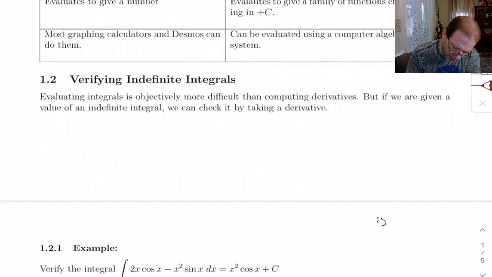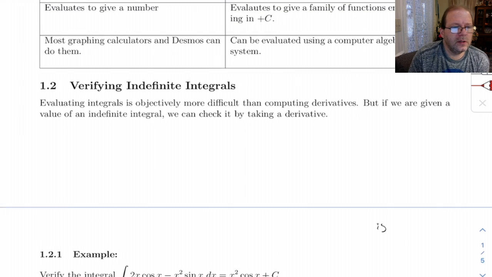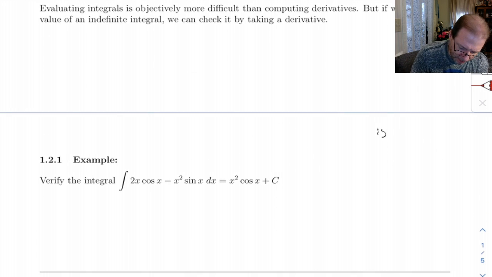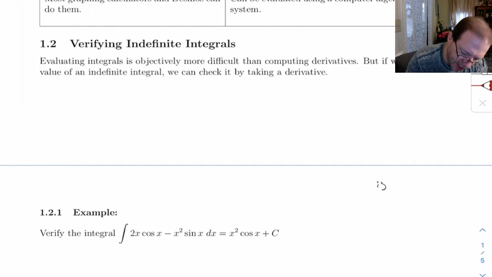All right, there is one thing I want to do with indefinite integrals. We can use indefinite integrals to, well, what I want to do here is verify some indefinite integrals.